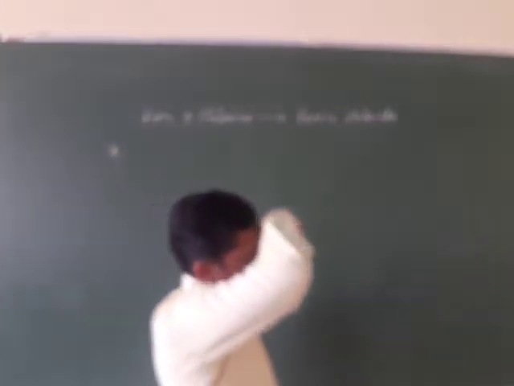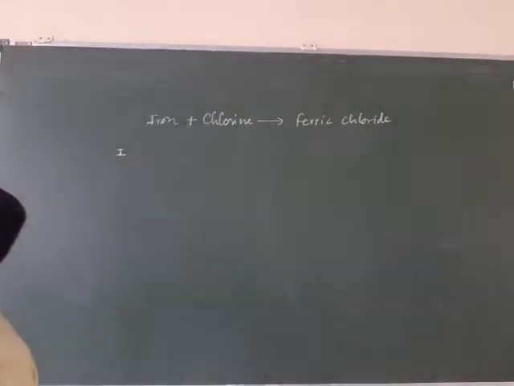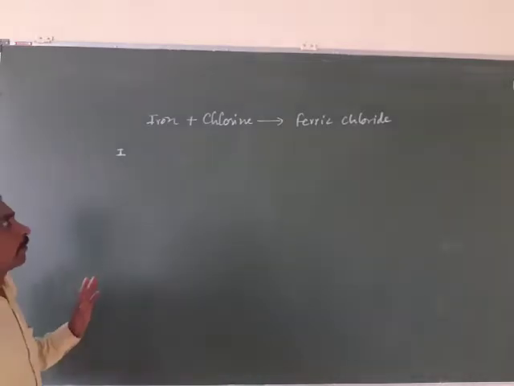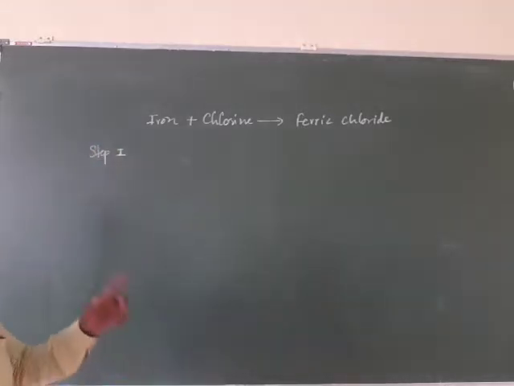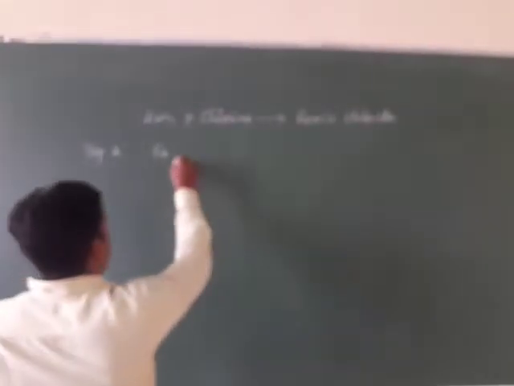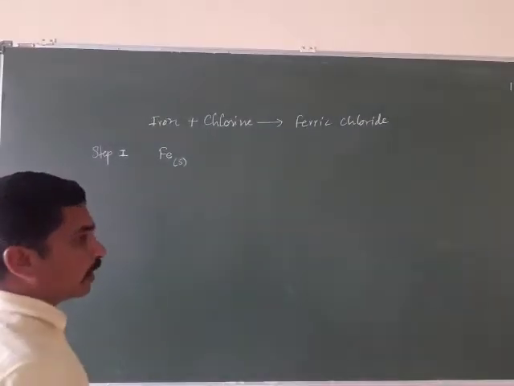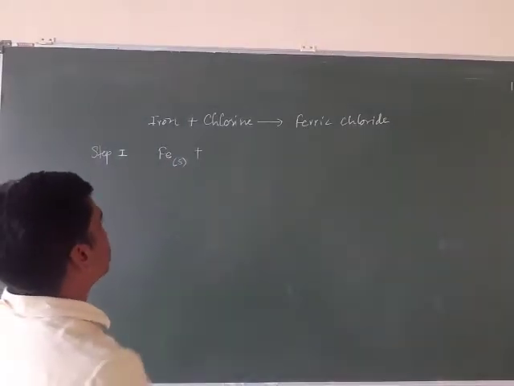First, a very important step: write down the correct molecular and atomic formula. Represent each and every reactant and product with its correct molecular formula. For iron, its symbol is Fe, which is always present in solid form. This solid iron reacts with chlorine.